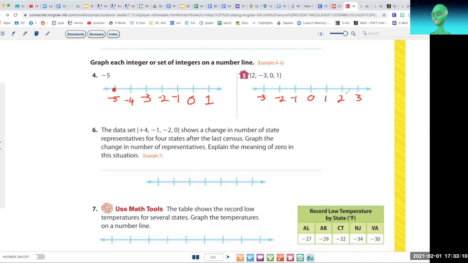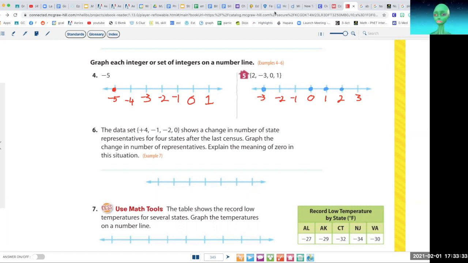You can pause the video and do that. All right, now I have to label all of these points. So I would put one on +1, which is right here. I'd put a dot on 0. Put a dot on -3 and put a dot on +2. Great, that's pretty easy, right?